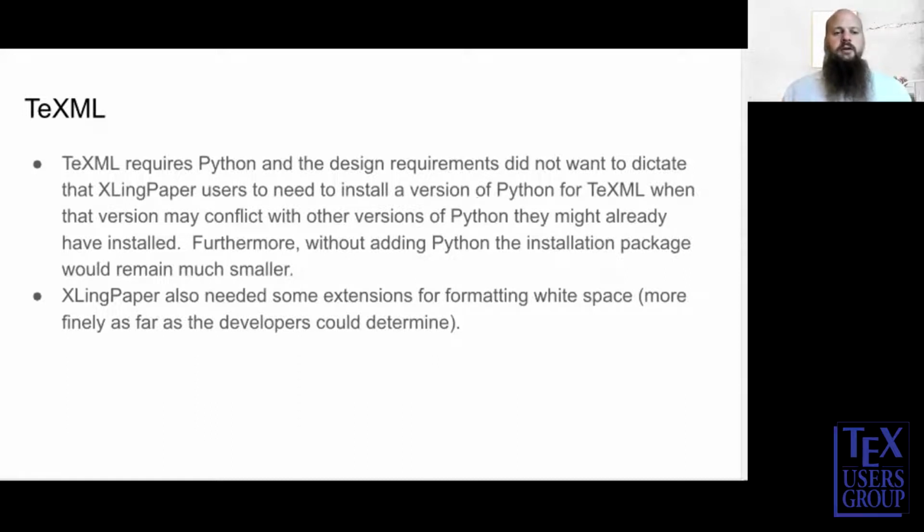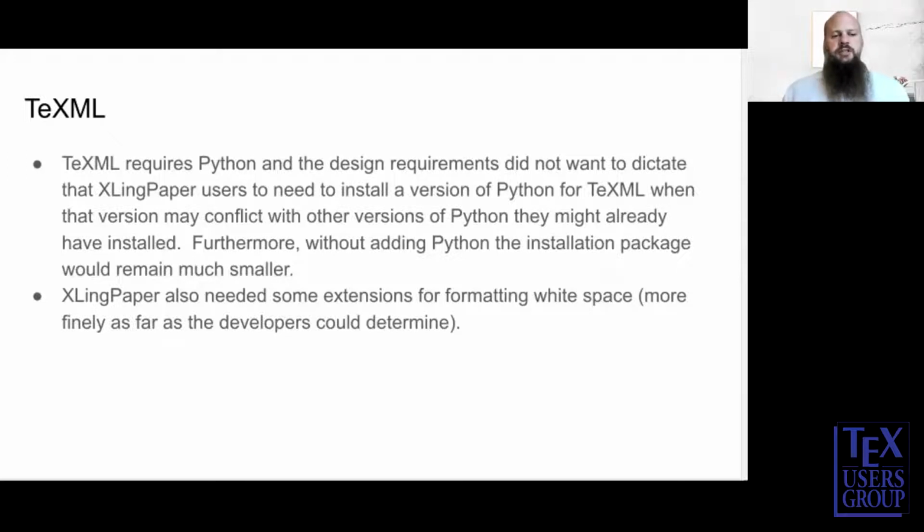TeXML required Python, and the design requirements would then require users to install an additional copy of Python or to connect to a Python version that was compatible with the TeXML project. So it was decided that, rather than add complexity to the install process, it wasn't the right project or the right components for the XLingPaper project.